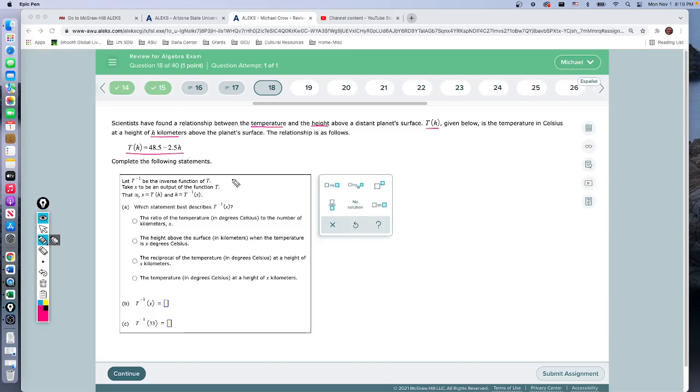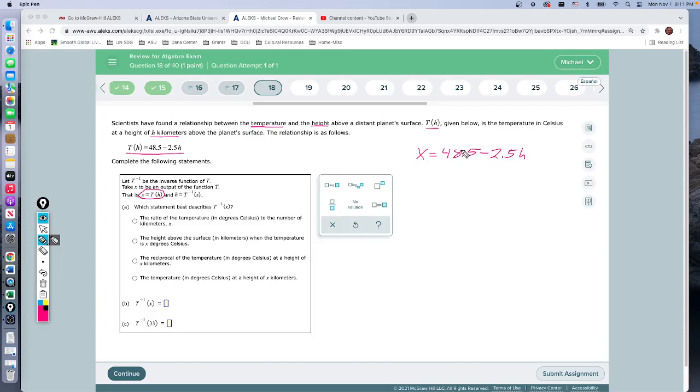So how do we find an inverse function? Think of this function notation. We do it in terms of x and y. They're going to use x over here, the inverse function, x equals T of h. So T of h is x, and that's equal to 48.5 minus 2.5h.